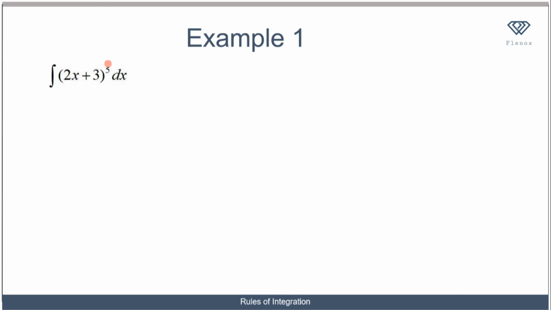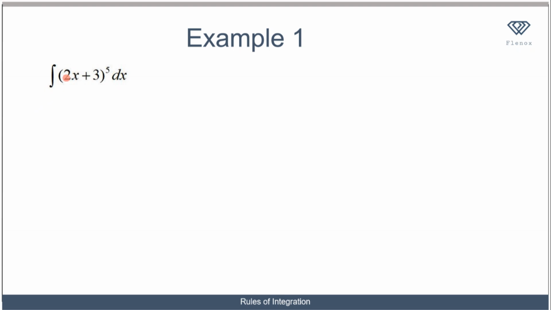So one thing we can do is try to expand this expression by multiplying 2x plus 3 by itself 5 times, but that would be a very tedious and tiring process. Fortunately for us, we don't have to go through this means. So what we can try to do is to substitute. I want to write out everything that is here in terms of u, in which u can be directly evaluated based on the formula for integration that we already know.